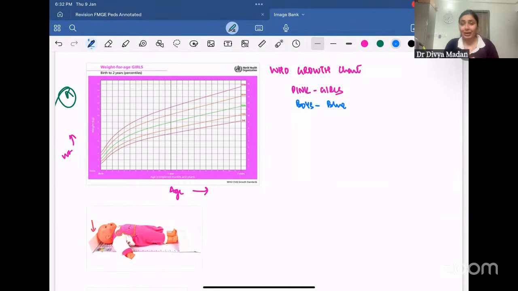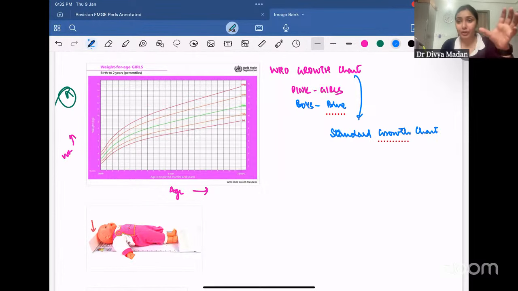Some questions that are asked pertaining to this graph, right? What type of growth charts are these? Are these standard growth charts or reference growth charts? These are standard growth charts. What do I mean by standard growth charts? They are charts in which I develop a standard. For example, if I say that I will only collect data of exclusively breastfed children, that means I have set a standard for my charts. Only exclusively breastfed children are going to be enrolled.